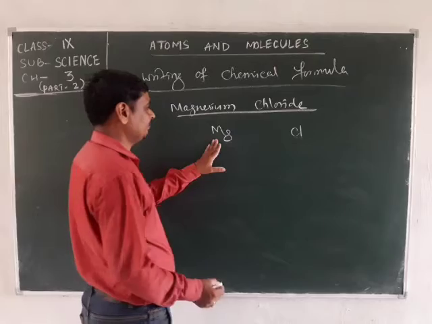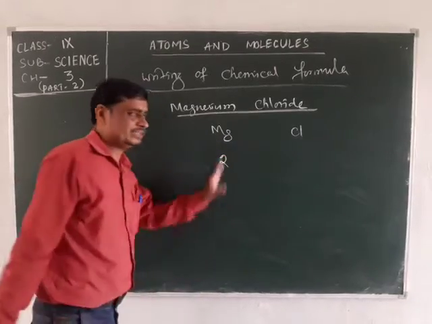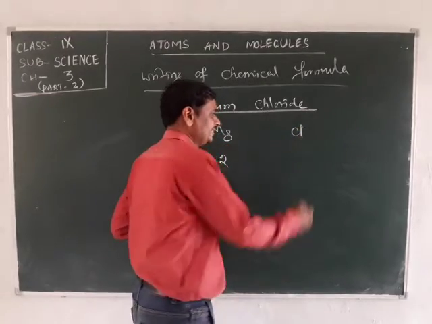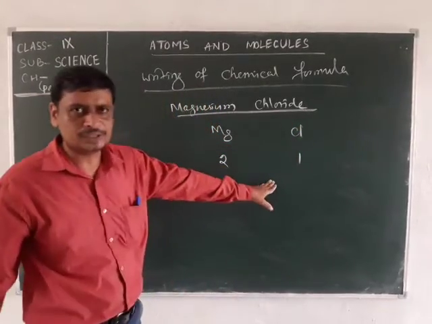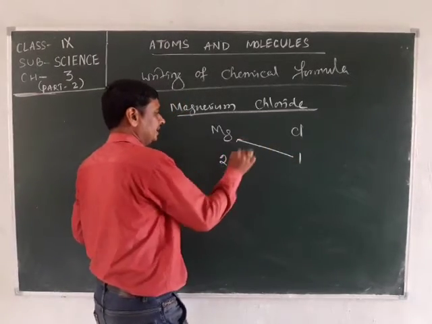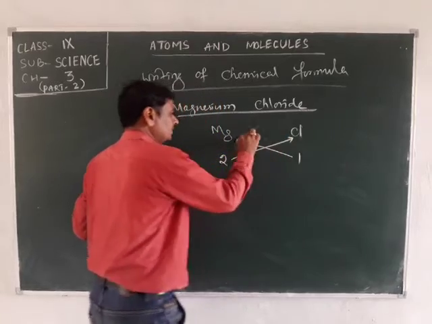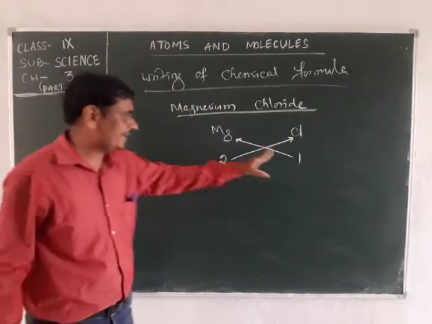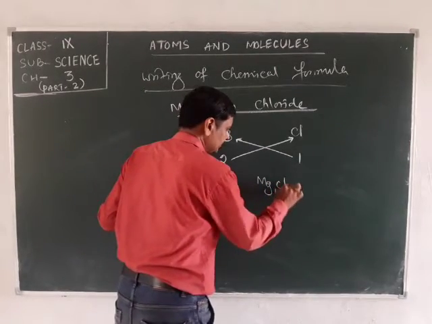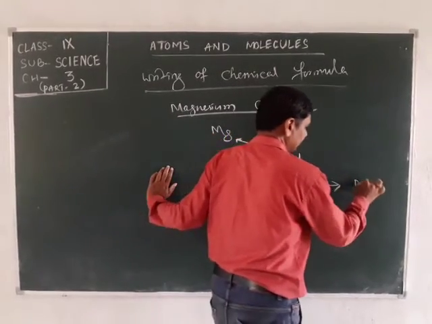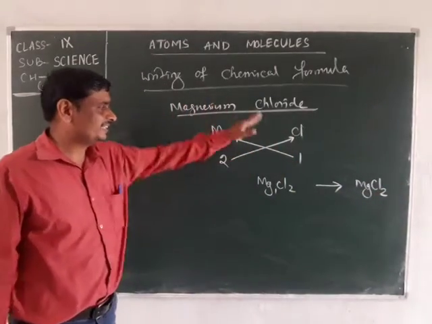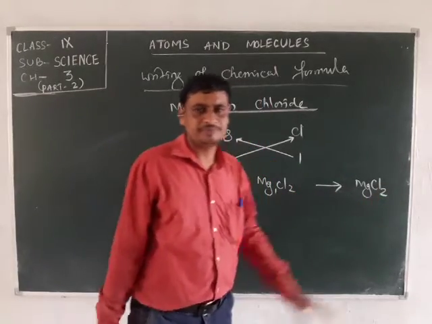For magnesium, valency is 2, so write 2 below the magnesium atom, and for chlorine, valency is 1, so write 1 below the chlorine atom. Now, by crossing the valencies, it becomes Mg1Cl2, which can be written as MgCl2. The chemical formula of magnesium chloride is MgCl2.